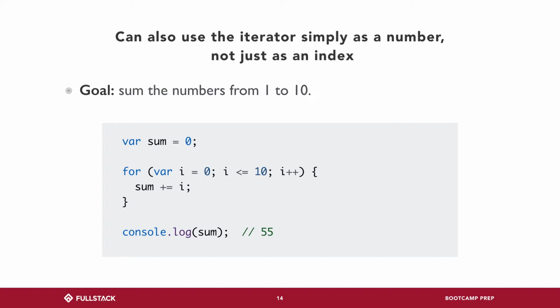In this case, we're actually using i for computation. We're saying, if I want to add up every number between 1 through 10, how do I do it? Well, I keep track of a sum that starts with 0, and every time I just add i to it, because I know i is going to be that. The i is a real value that I can also use within the confines of my for loop.